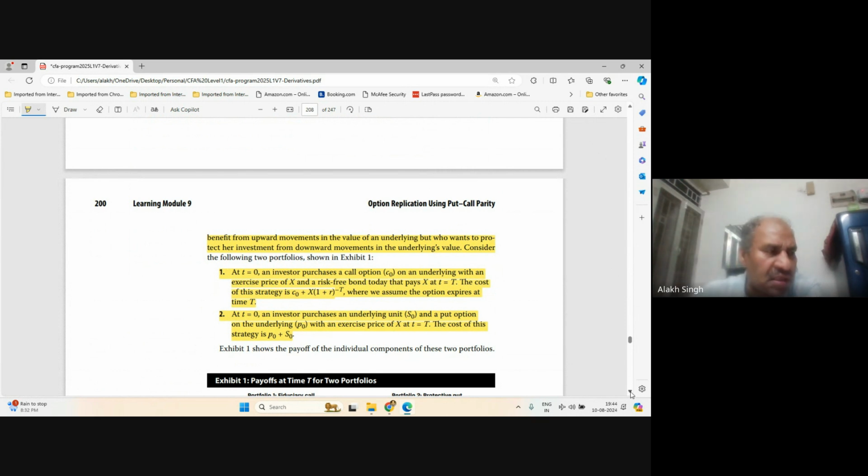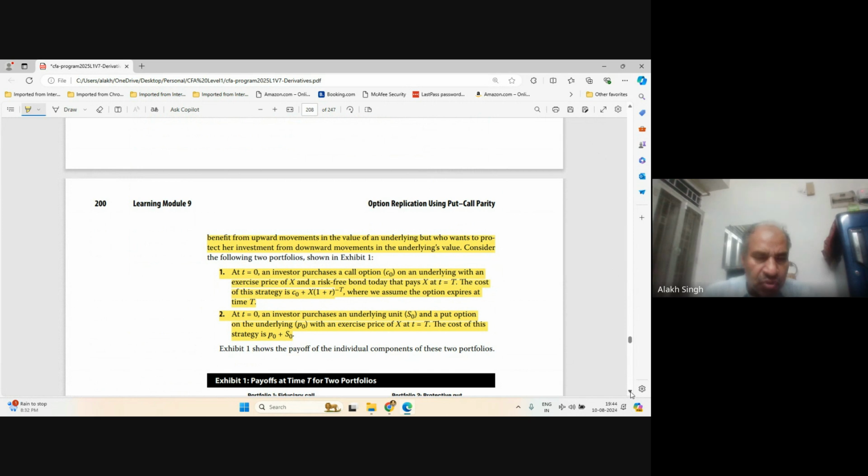He is also scared of what happens if he is wrong, because the stock price, instead of going up, may go down. To protect himself from that, he will have to buy a put so that he can exercise at the exercise price if the stock market goes down.